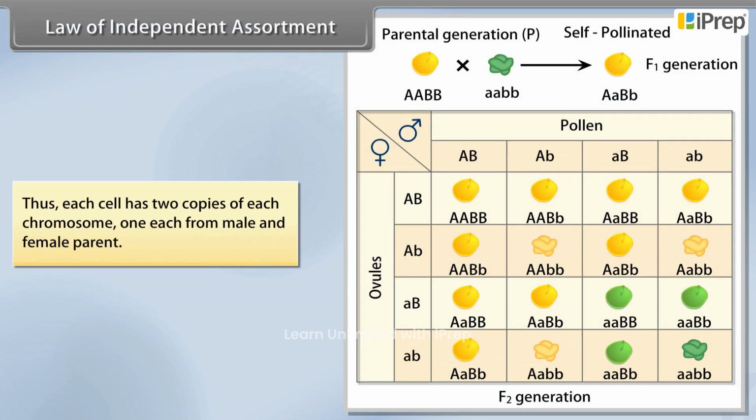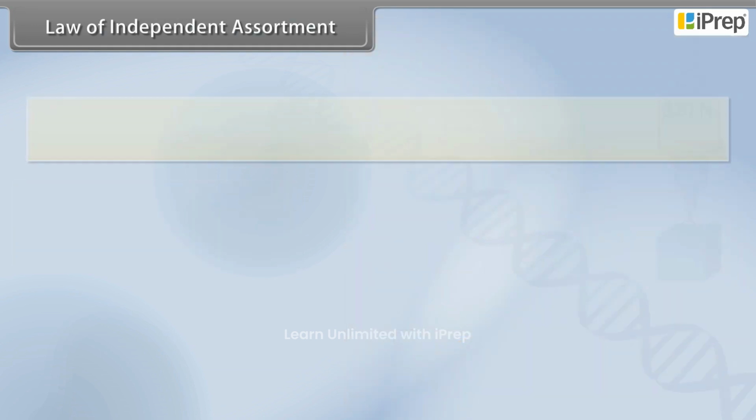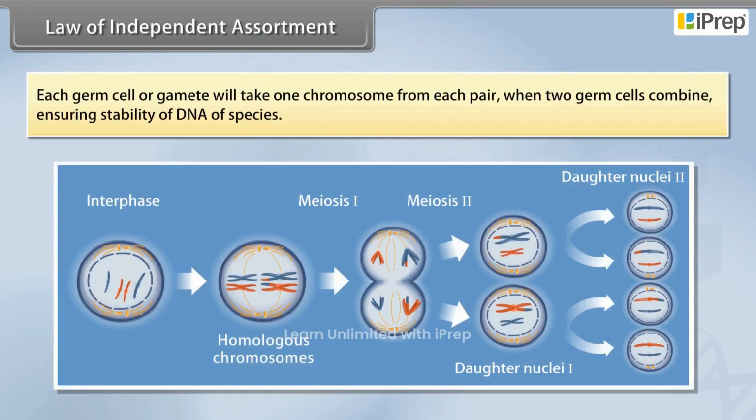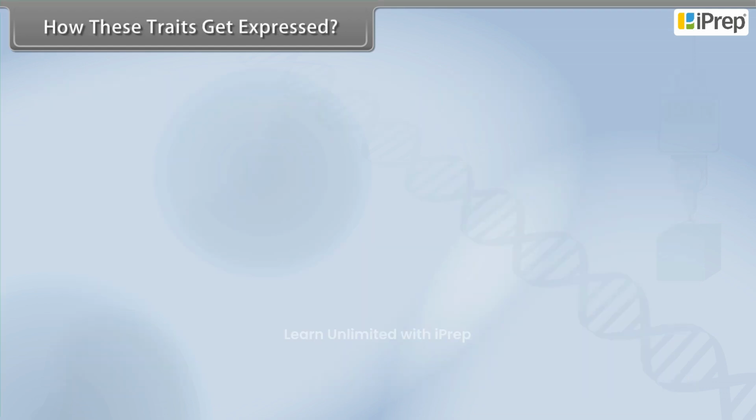Thus, each cell has two copies of each chromosome, one each from the male and female parent. Each germ cell or gamete will take one chromosome from each pair, and when two germ cells combine, this ensures stability of the DNA of the species. How do these traits get expressed?